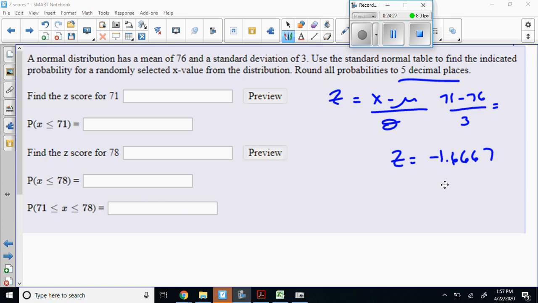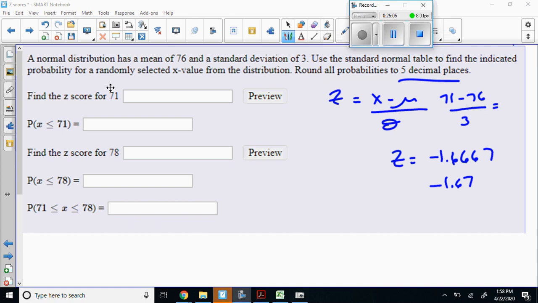So let's go look at our table. We can check it. Well, I've got mine set up for 4, so let me do the calculation again. 71 minus 76 divided by 3.